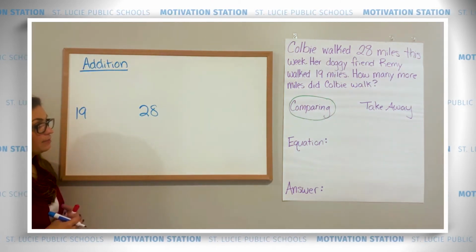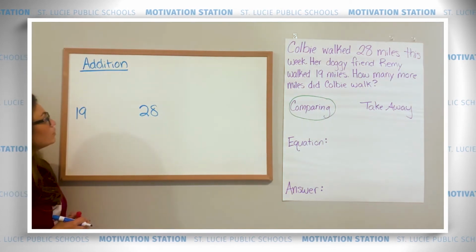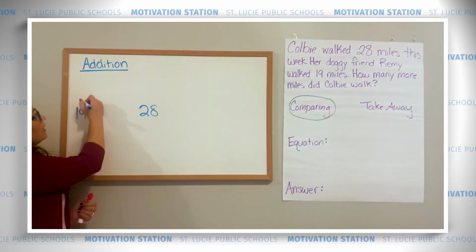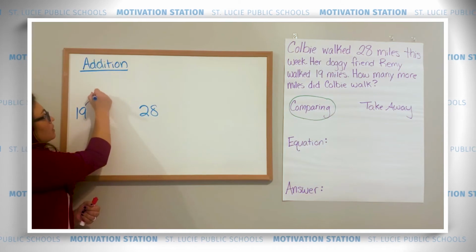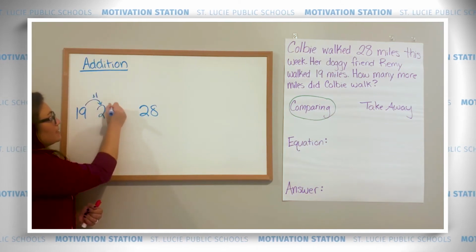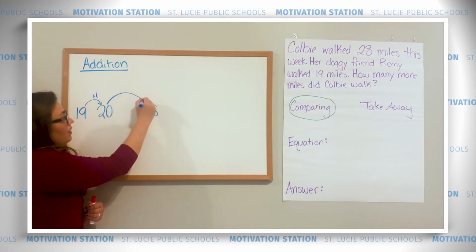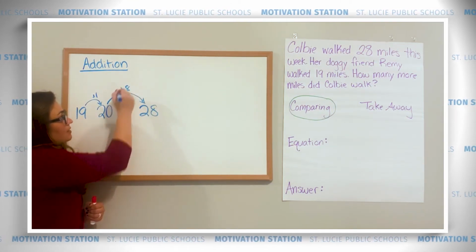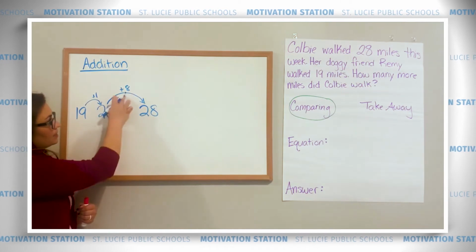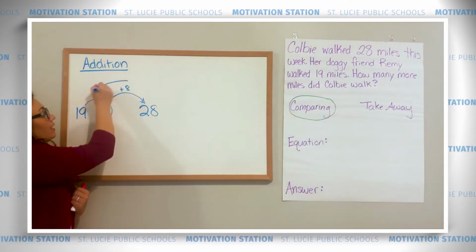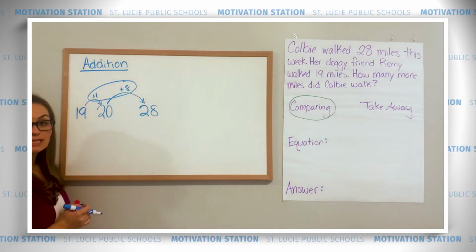So I need to make some jumps. Well, my first jump that I want to make is going to be just +1, because I can get to a nice easy 20. My second jump I'm going to make is going to be +8, because 20 to 28 is +8.